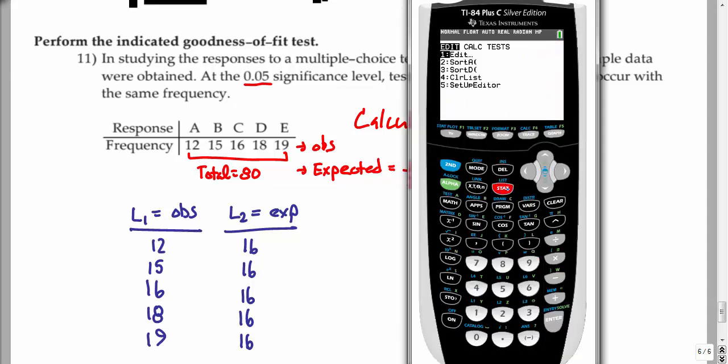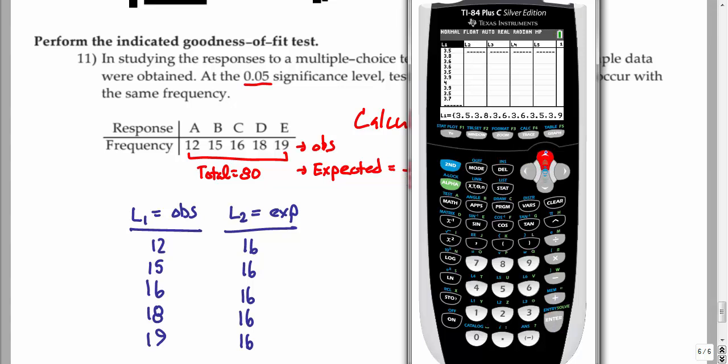So as usual, I'll go to my stat, edit. I'll clear both of these. So I'll have 12, 15, 16, 18, 19. And then all of my expected counts would be 16.